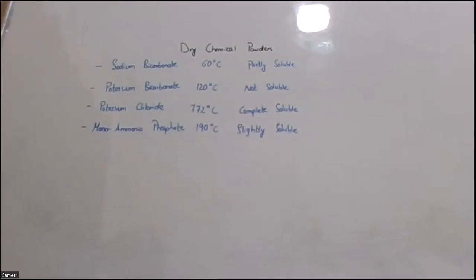The third type of dry chemical powder is potassium chloride, with a temperature of 772 degrees Celsius. Potassium chloride is usually used by firefighters also. They usually carry it in sacks whenever they want to make an opening in a highly flammable occupancy where the flame intensity is very high and they know there are survivors inside.